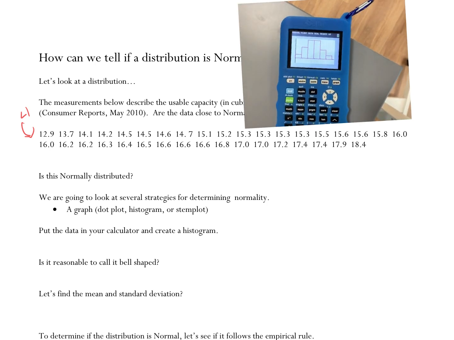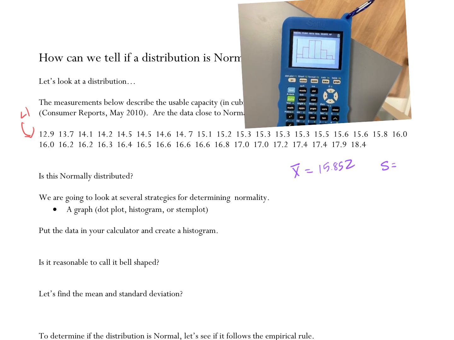Okay. So, from here, we need to know what are the mean and the standard deviation of our set. 13.852, yeah, 1.22. For those of you that don't remember how to find this, you're going to hit stat and arrow over to calc.